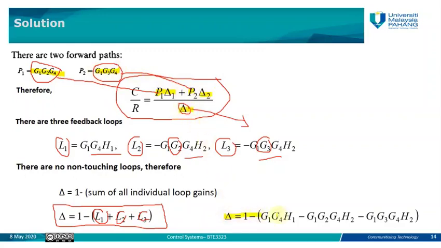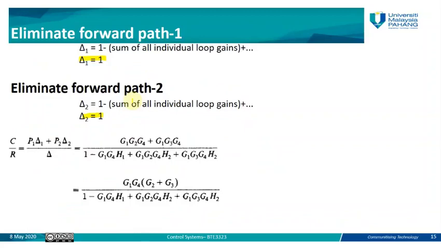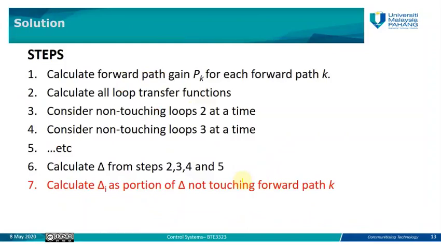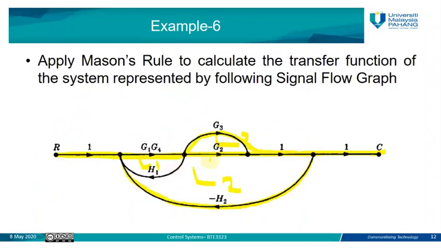So we just substitute all these values in this formula to get the transfer function, C(s) over R(s). The overall transfer function of our system will be G1 G4 plus G2 G3 over 1 minus G1 G4 H1, G1 G2 G4 H2, G1 G3 G4 H2. This will be the transfer function of the signal flow graph shown in this figure.